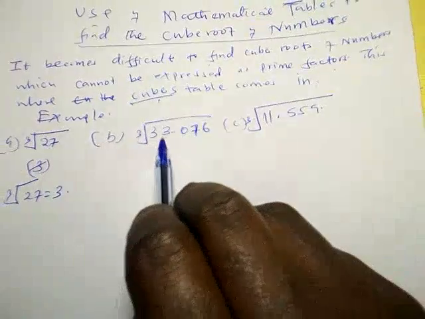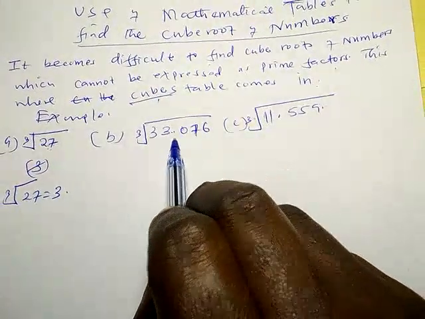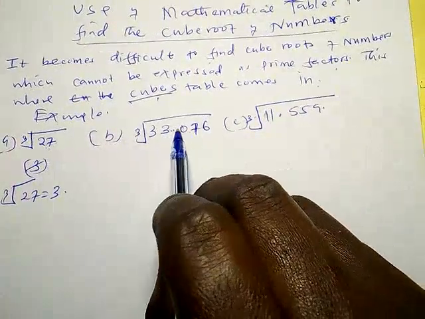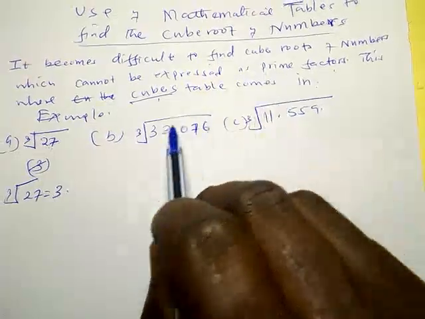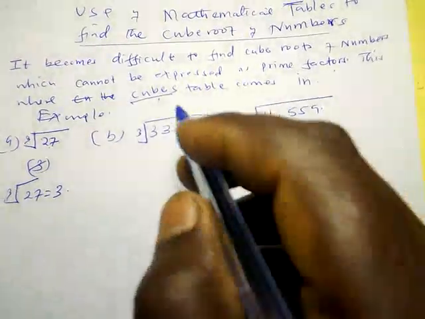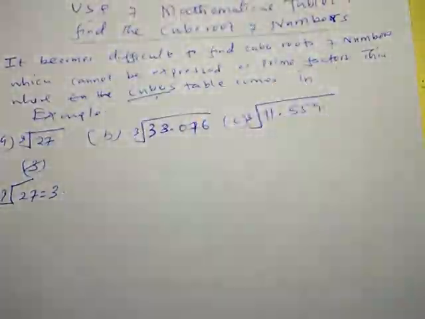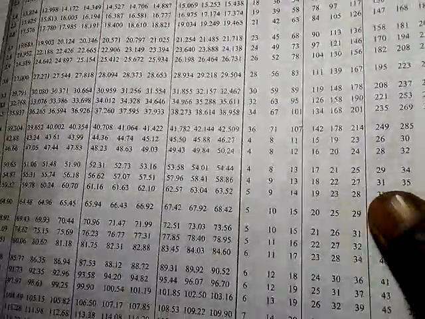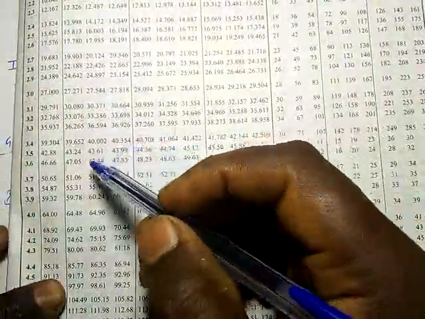Next, we want to find the cube root of 33.076 using the table, because you cannot express this number in the form of prime factors. Therefore, let us find 33.07 from the cube table. So you come here, you look for 33.3.